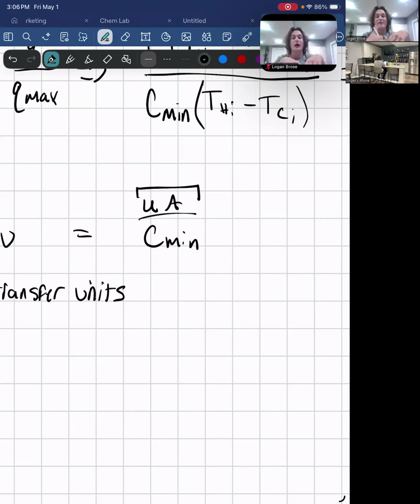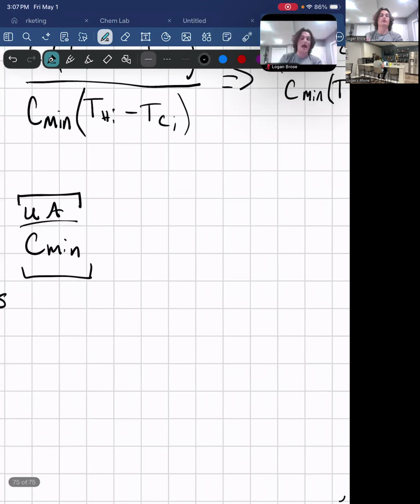You're going to have these values, and so when you're looking to maximize the NTUs, all you have to do is vary this flow rate or figure out this flow rate to determine what your maximum NTUs would be. That's another way you can work with effectiveness with your heat exchangers.